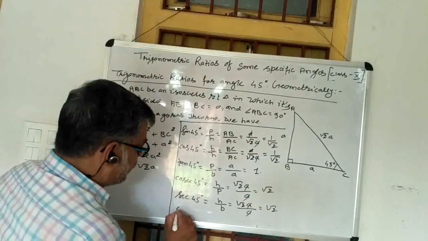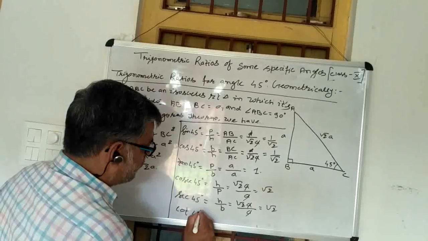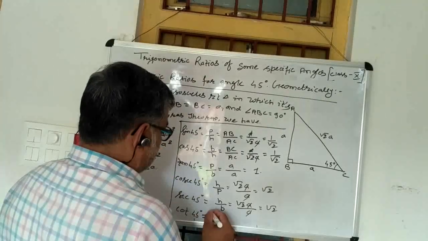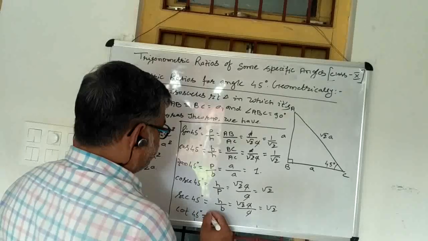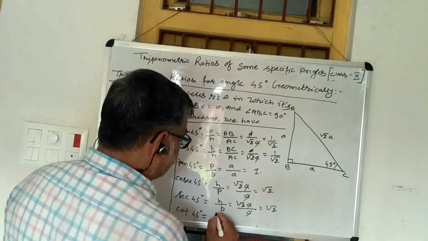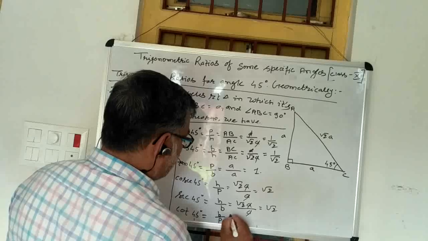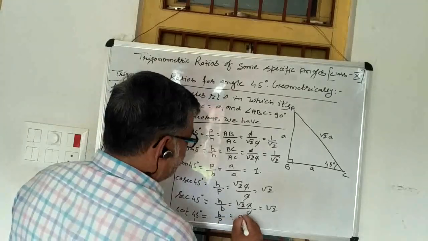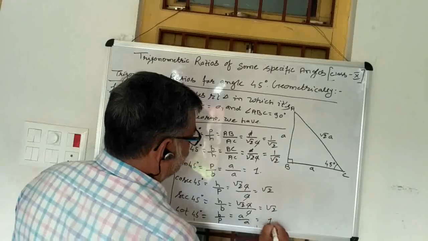Now finally cot 45 degree is equal to B by P, that is equal to A by A, that is 1.